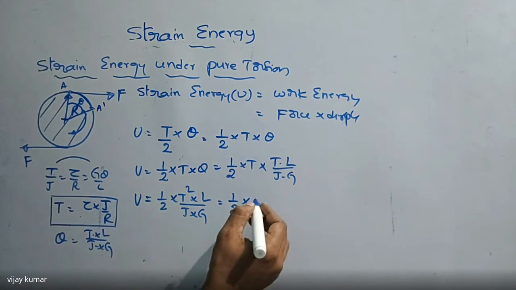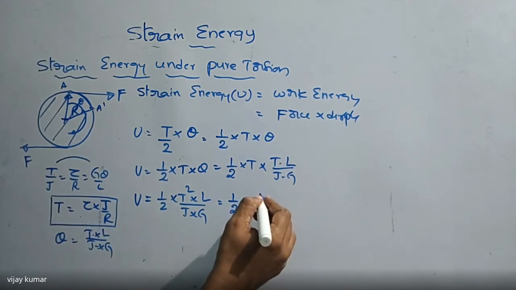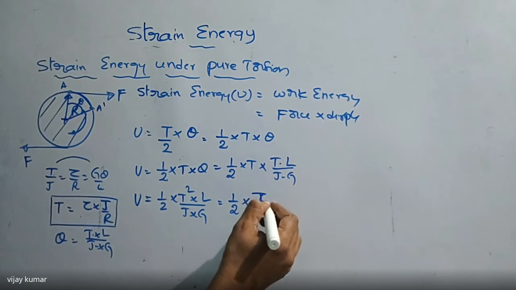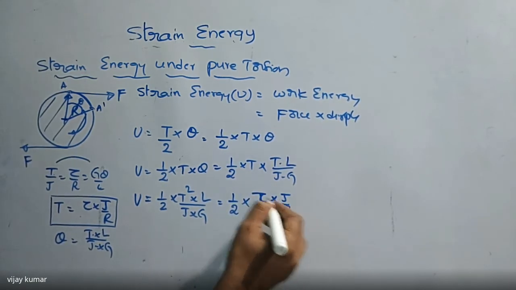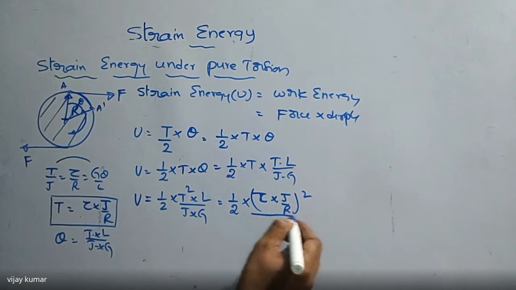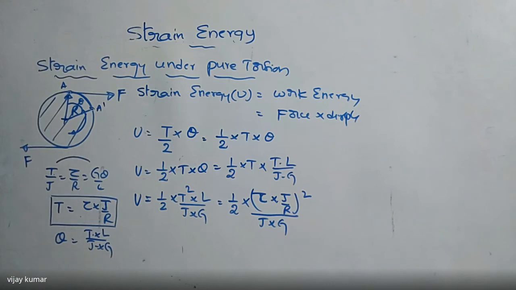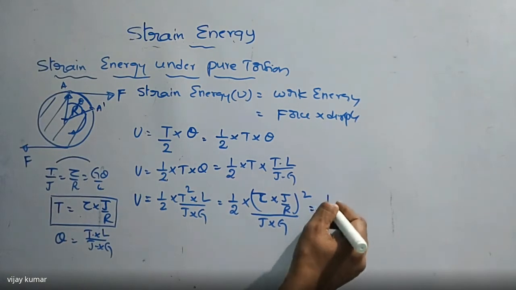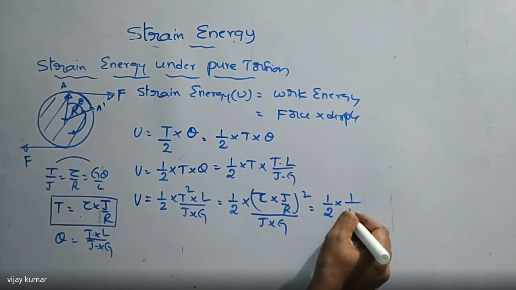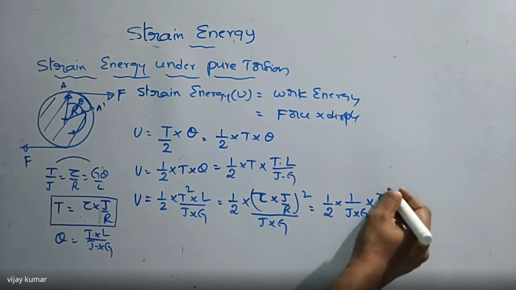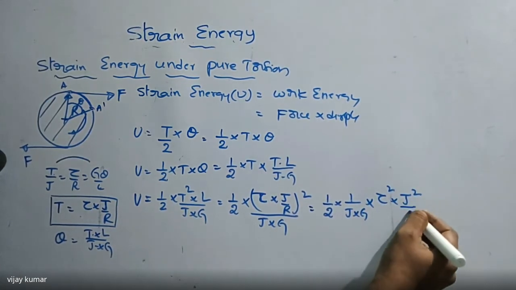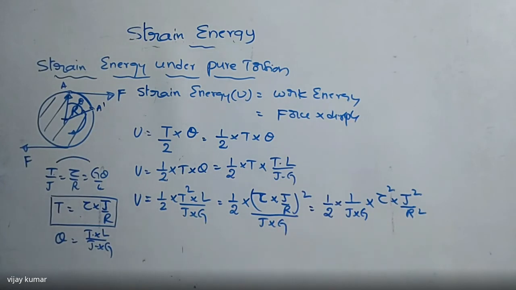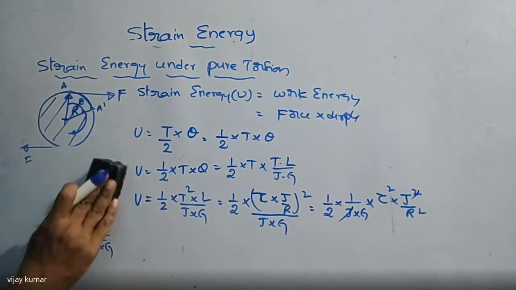T is nothing but tau into J by R, whole square, divided by J into G. So half into 1 by J into G into tau square into J square divided by R square. So here one J gets cancelled.